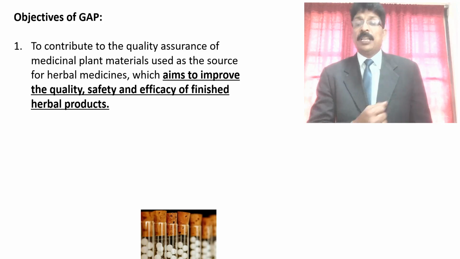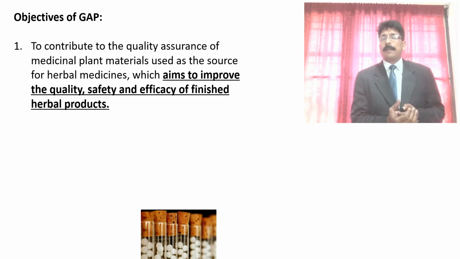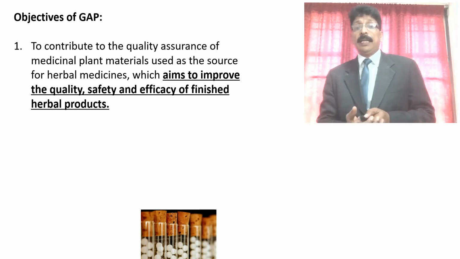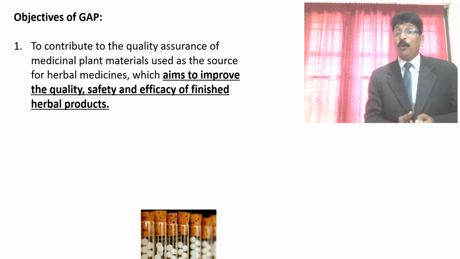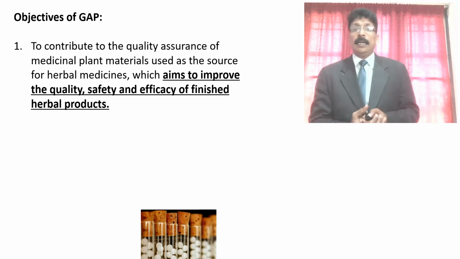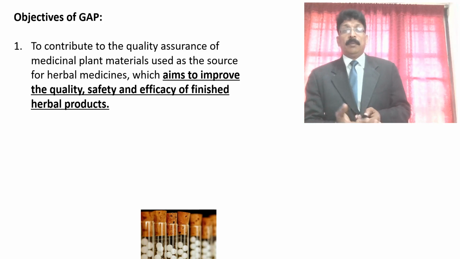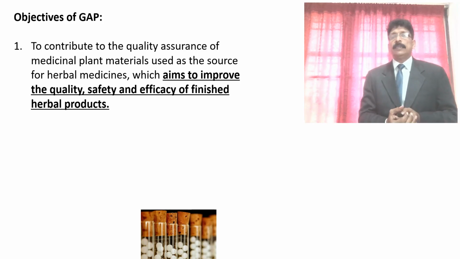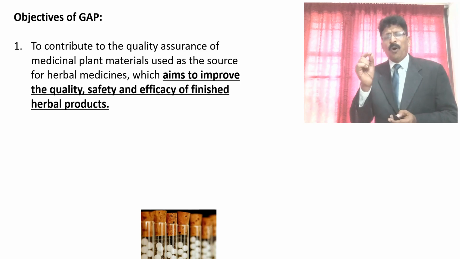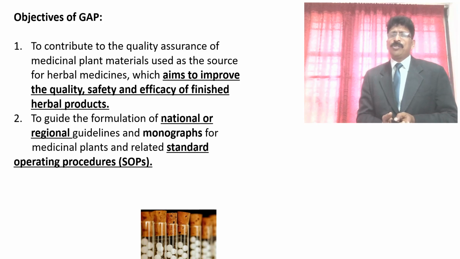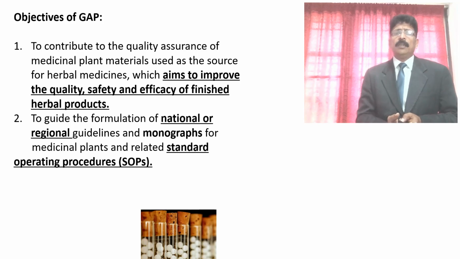Finished herbal products include even homeopathy. I have taken homeopathy because you may know a lot of finished products in Ayurveda, Siddha, and even Unani. But homeopathy also has finished products, modified into small pellets, which are also produced from herbs.